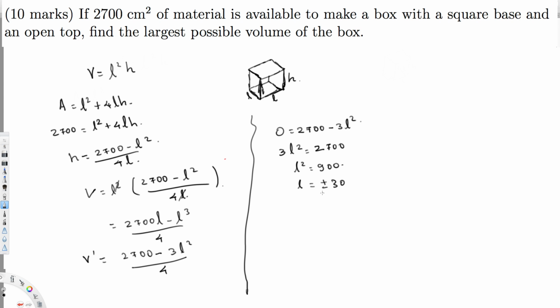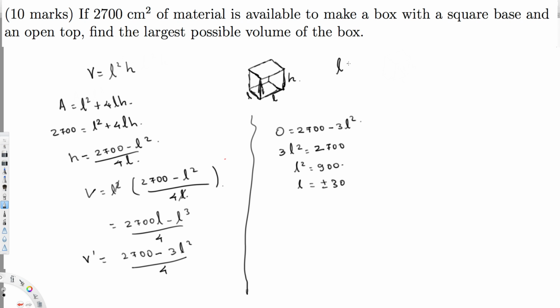Before I go further, I have to make sure these two values exist, because the length can't be a negative number, so we have to set a domain for L. We know L is greater than or equal to 0, but in this case it can't be equal to 0, because according to this equation, if L is equal to 0, then we don't have any volume or anything else.